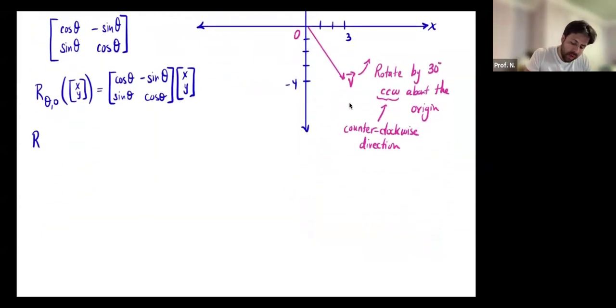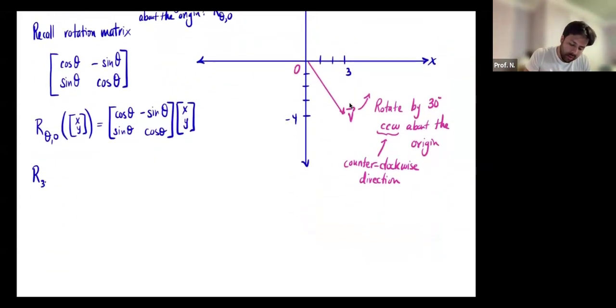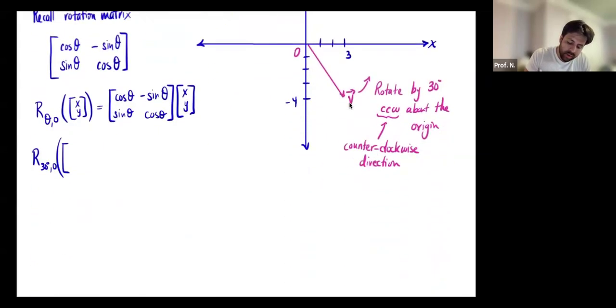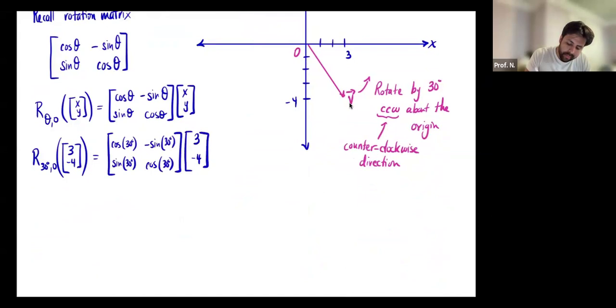So now if I want to do A, A is 30 degrees, so this is 30 degrees. And my particular vector is 3, 4. So then I know my matrix, exactly what it is.